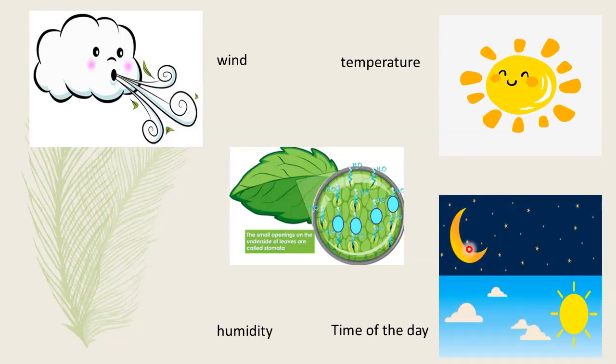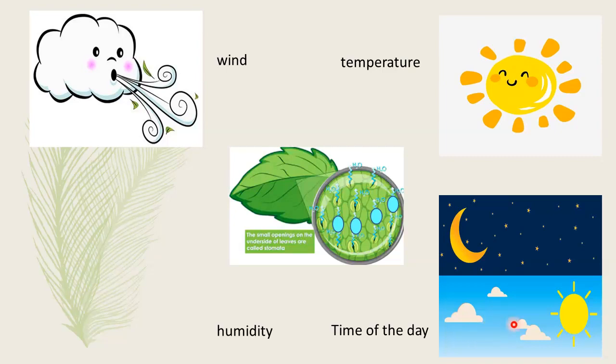Time of the day. As we said, daytime increases transpiration because it is hot, and nighttime decreases transpiration because it is cold. There is also another reason. During the day, the stomata are open. Stomata cells are turgid. They get fat and the hole is open.